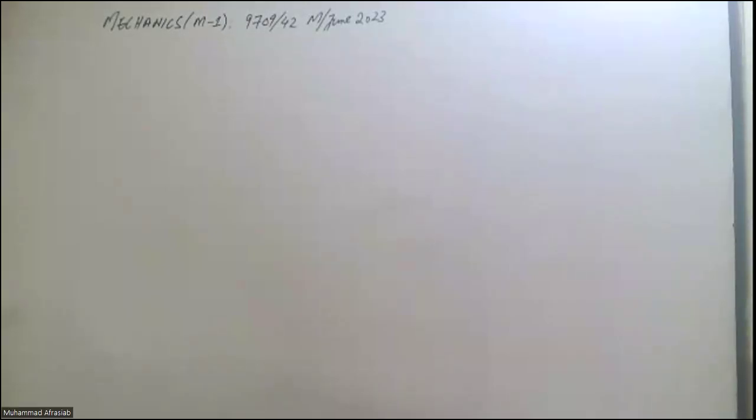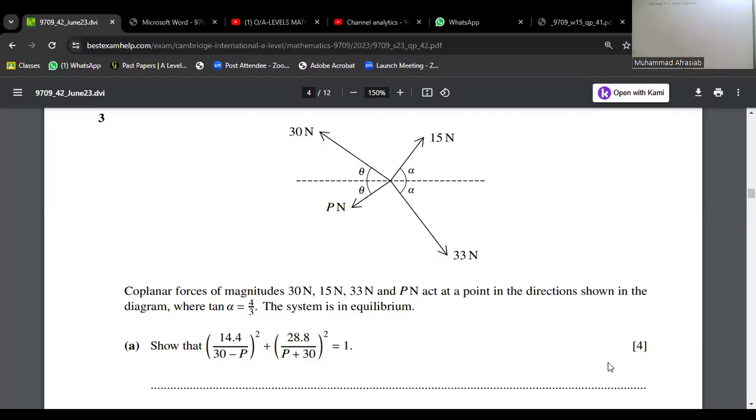We are now starting question number 3 of this paper M1 9709 oblique 42 May June 2023. The question statement is: coplanar forces of magnitude 30 Newton, 50 Newton, 33 Newton, and P Newton act at a point in the directions shown in the diagram, where tangent of alpha is equal to 4 over 3.